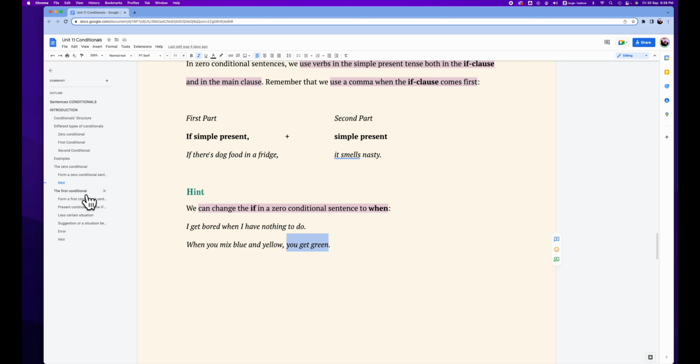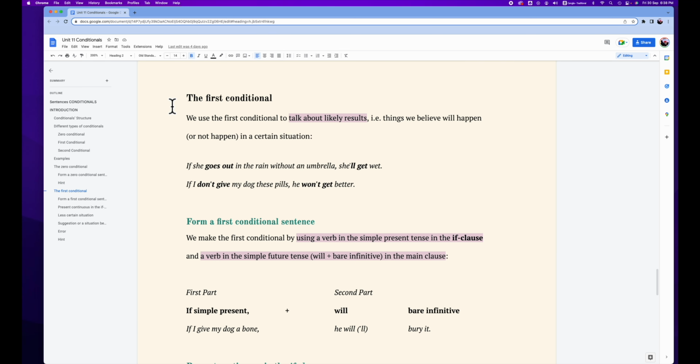Rather straightforward. Now, let's go to the first conditional. In the first conditional, we talk about something likely to happen. It could be very likely, or it could be less likely. For something that is very likely to happen, we will use will for the B part.